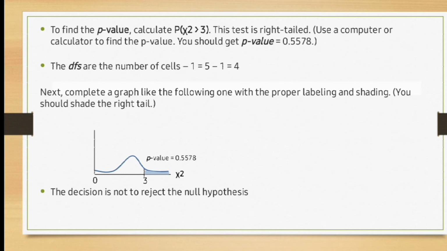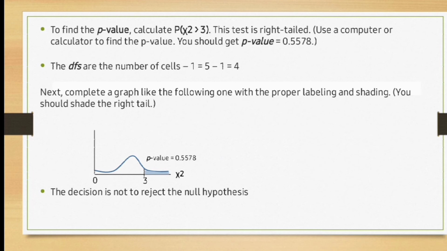That's the importance of our p-value. So our area is 0.5578, which is our p-value. Aside from being the area of the shaded part, it is also our basis in making our decision.